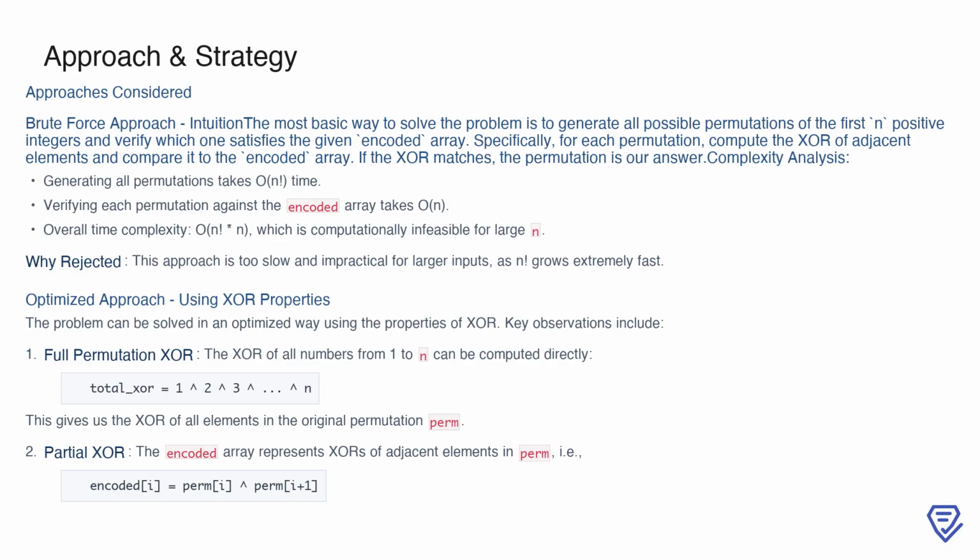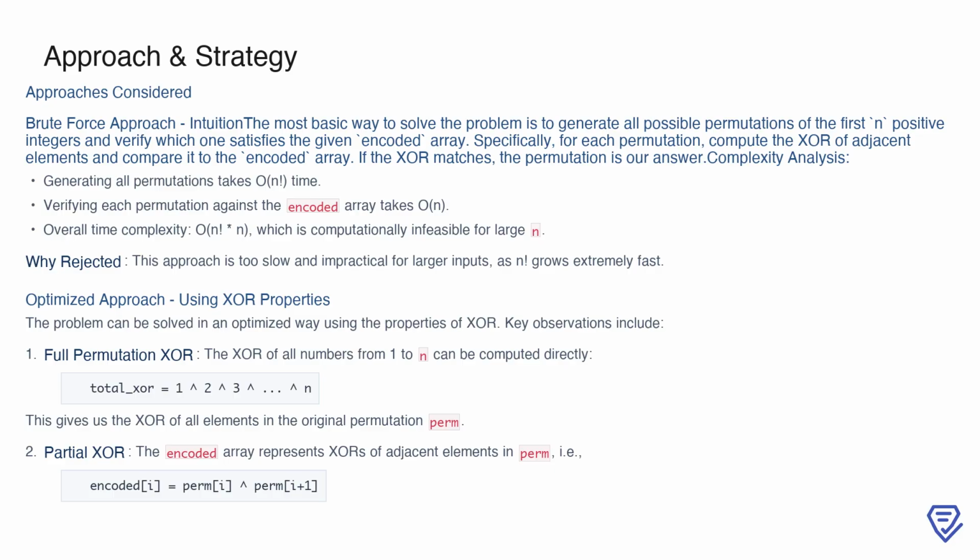Generating all permutations requires factorial time, O(n!), and verifying each permutation against the encoded array adds an additional O(n) per permutation. This results in an overall complexity of O(n * n!), which becomes computationally infeasible as n grows larger. Therefore, this approach is unsuitable for larger inputs.